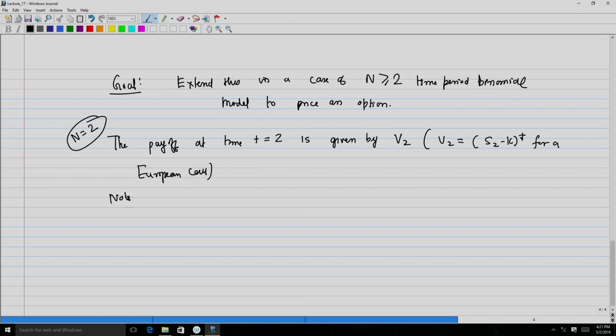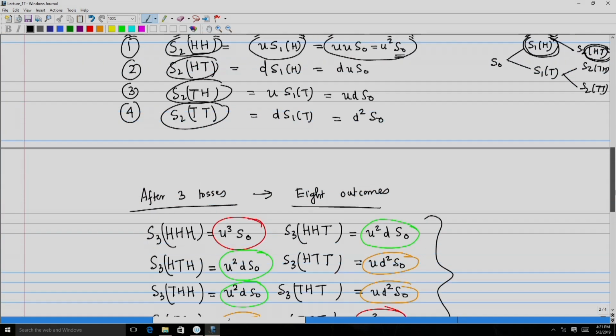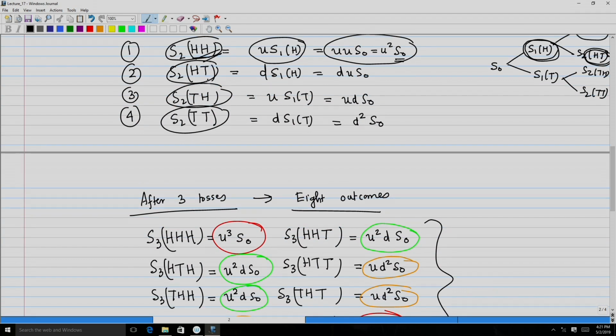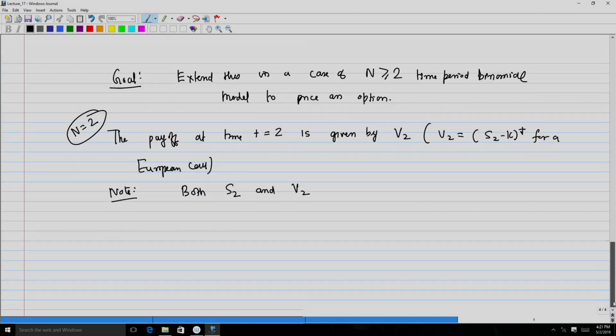Now, note that S 2 is dependent on both of the first two coin tosses and the sequence in which they appear, and more importantly the number of heads and tails that come.